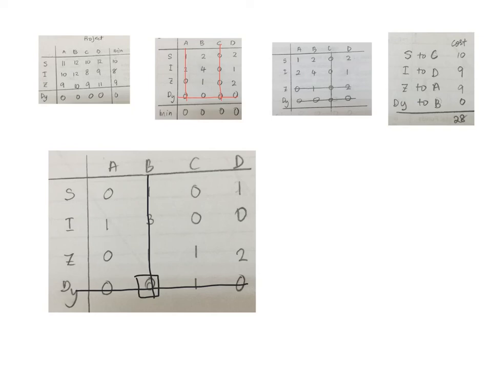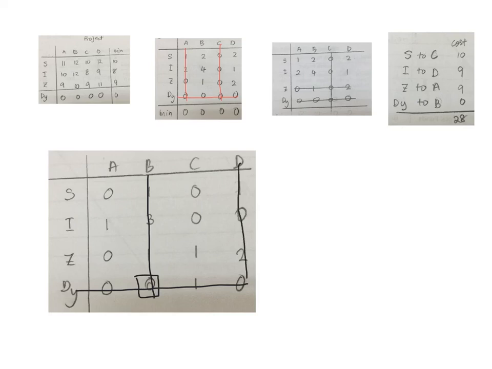And then the next row or column that has one 0 is either this row or this column. It doesn't matter, so let's do this column.